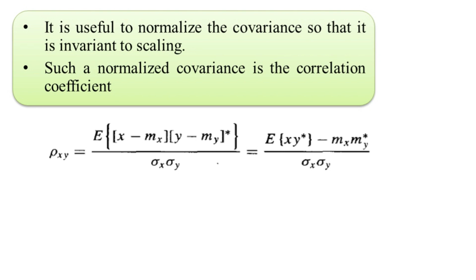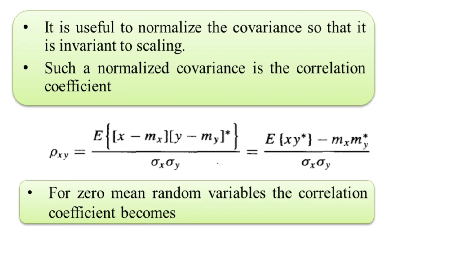The numerator can also be put in the form of the expected value of the multiplication of x with y conjugate, which is the correlation, minus the multiplication of the expected values of the random variables, mx along with my conjugate.